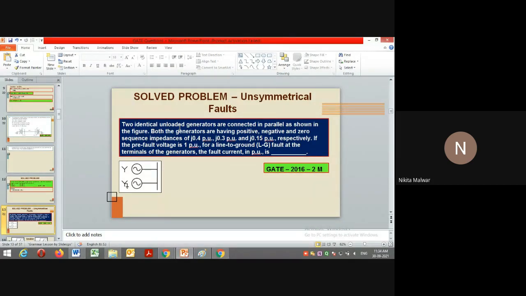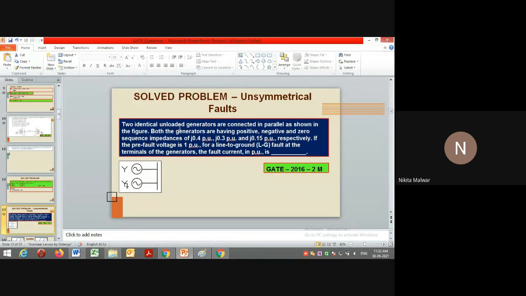If the pre-fault voltage is 1 per unit for a line, that means LG fault is mentioned here. What type of fault is it? An LG fault is given here. At the terminals of the generators, we have to find the fault current in per unit. So the fault current is denoted by IF.